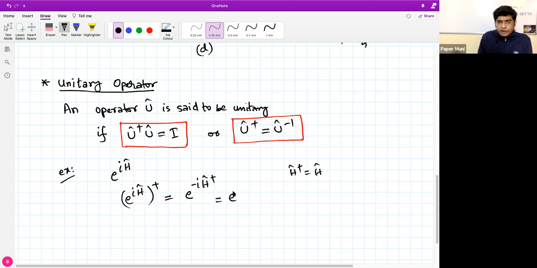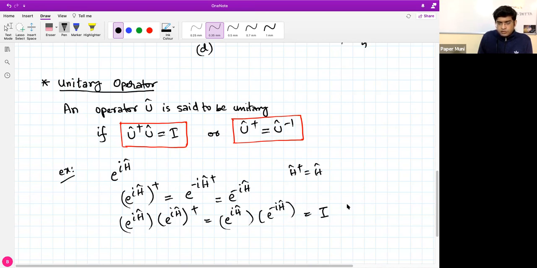So if you take this operator and take its dagger, and you multiply them both, you'll have minus i h cut on this side and minus i h cut on that side. So this will give you identity, right? This is basically e to power 0, which is an identity operator.